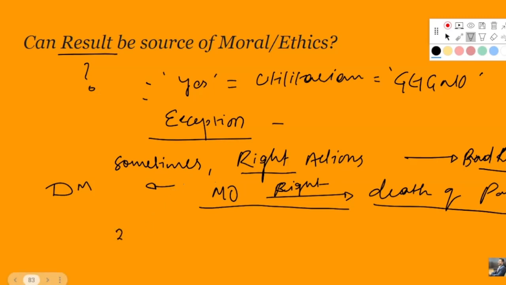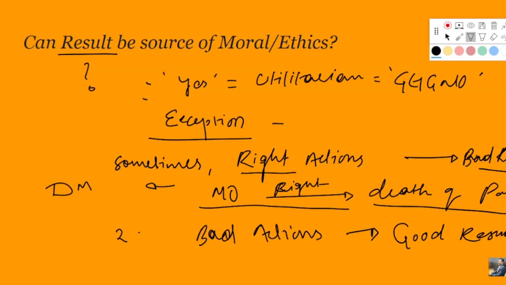What is the second exception? Sometimes even bad actions can lead to good results. What is the example? Again, assume yourself sitting in the position of a collector or DM.